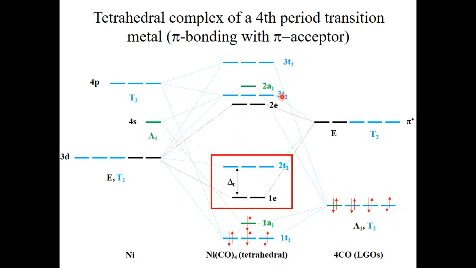Now it's also worthwhile to double check that we have the right number of molecular orbitals. I always told you that the number of molecular orbitals must always be equal to the number of orbitals from which they have been constructed.